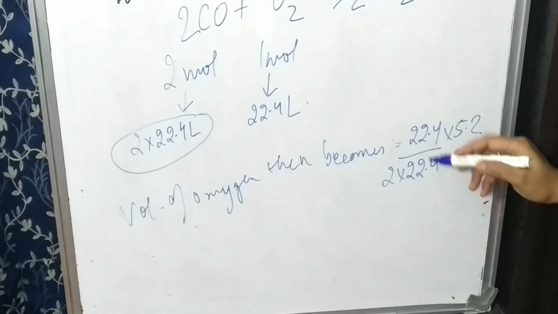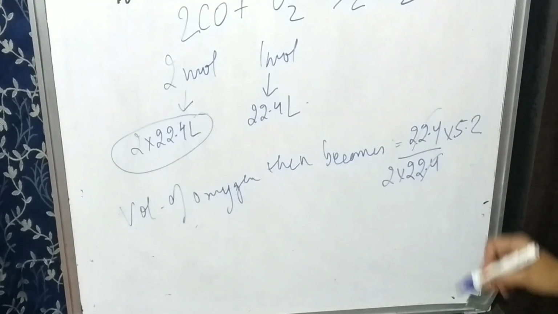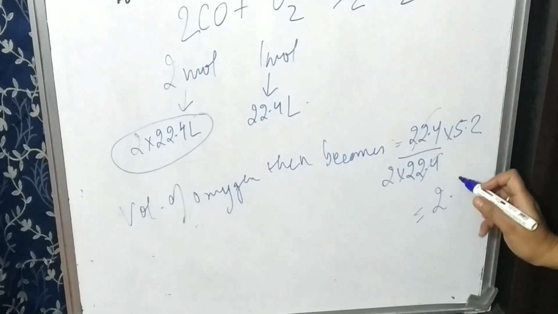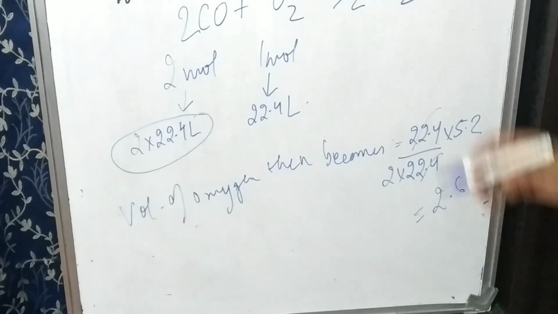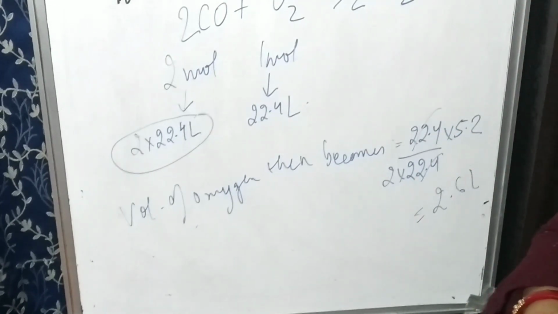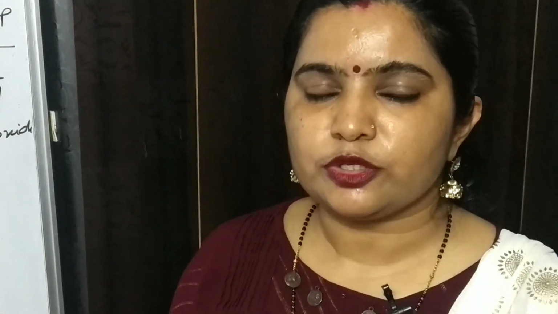When you calculate this value, the 22.4 cancels out, so your final answer will be 2.6 liters. This is how you can calculate such equations given in your numerical problems.